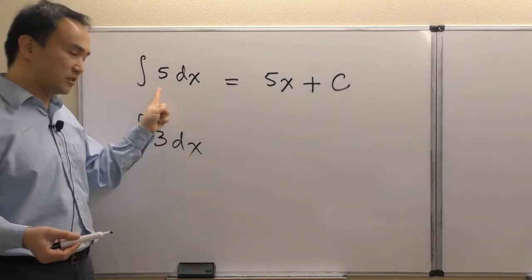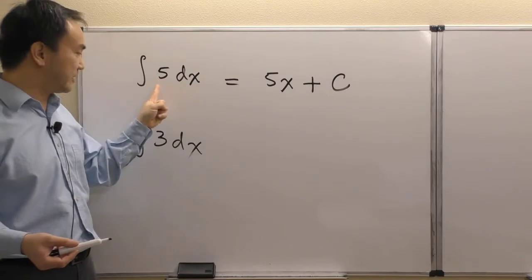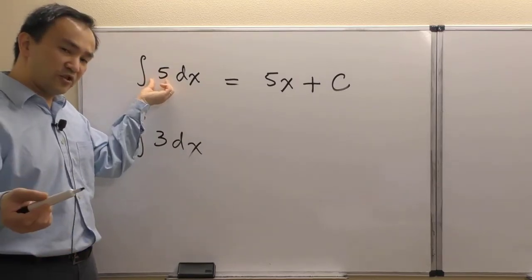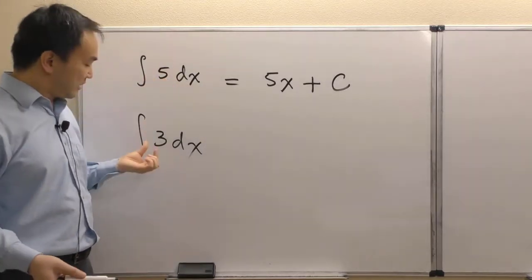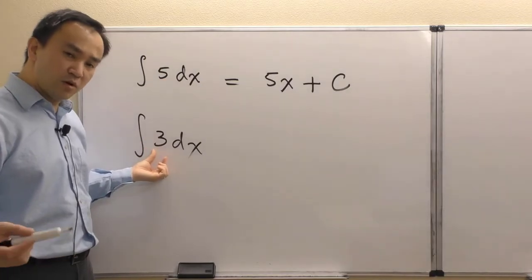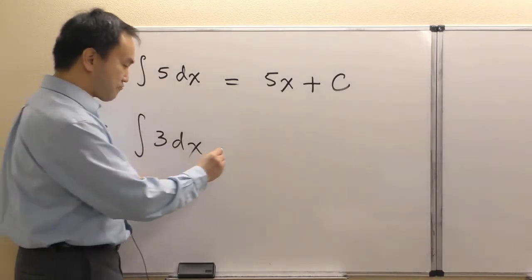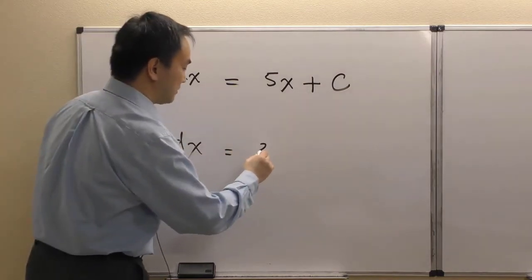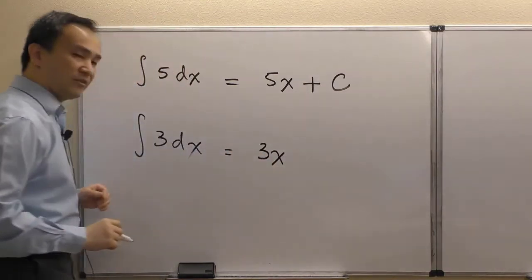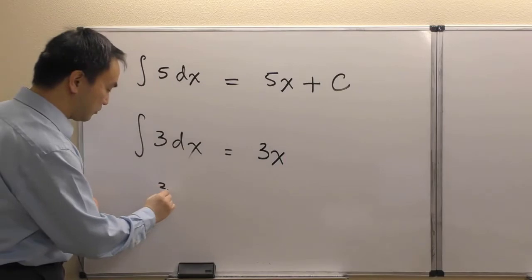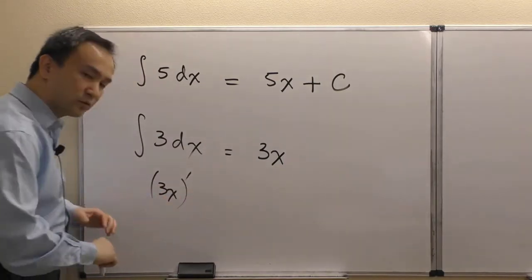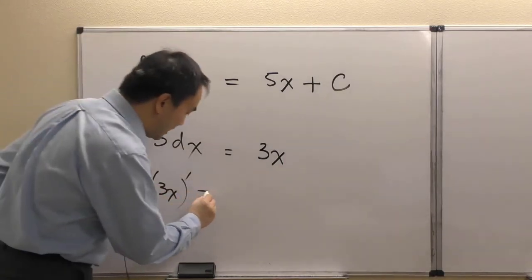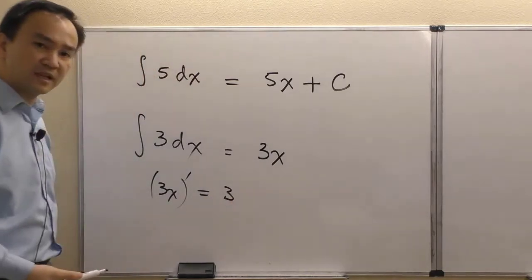The function we started out with earlier was f of x equals 5. Here it is now f of x equals 3. So it looks like my answer is going to have a 3x, because again, we can quickly check: taking the derivative of 3x gives me 3, that constant.